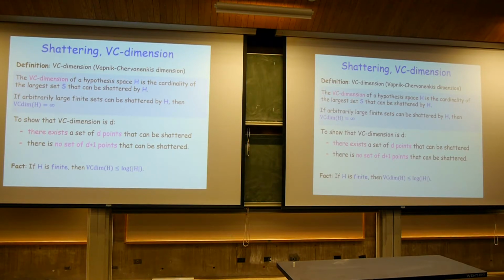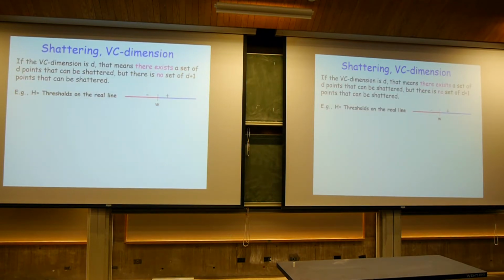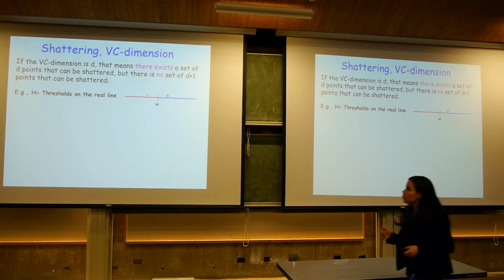Okay, cool. Now let's go through a couple of examples because I have time. So, what is the VC dimension of thresholds on the real line? Maybe we can go through this slowly. Can we shatter 1 point?